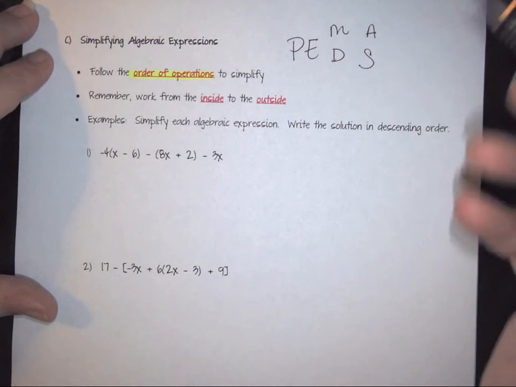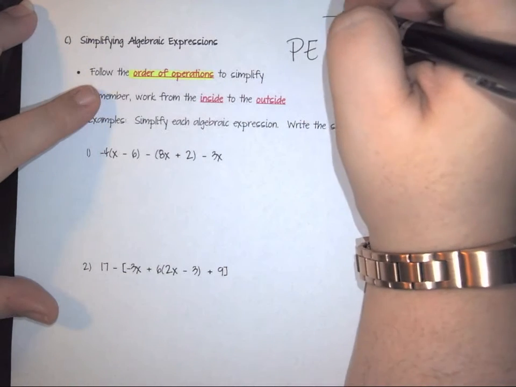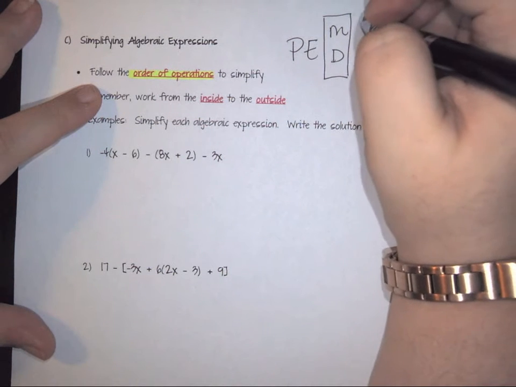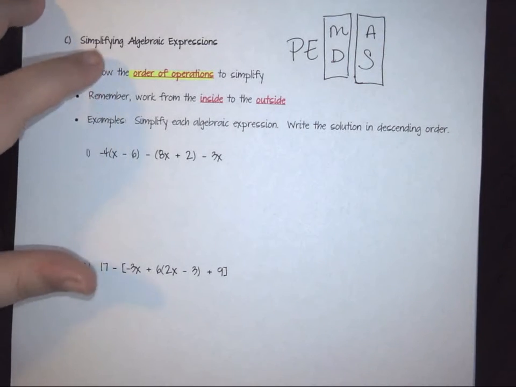So when we're talking about this, notice we have multiplication and division running vertical with each other, and then we have addition and subtraction running vertical with each other.